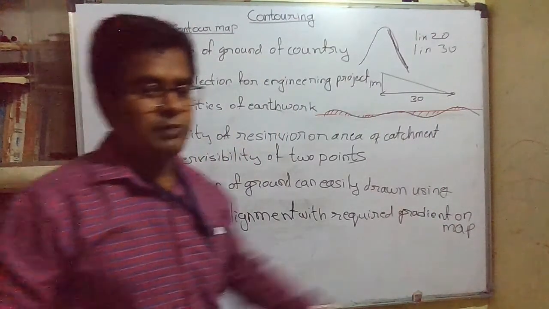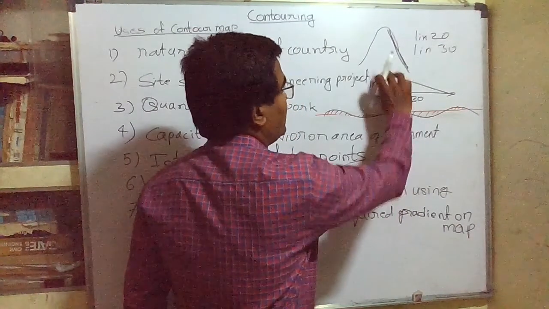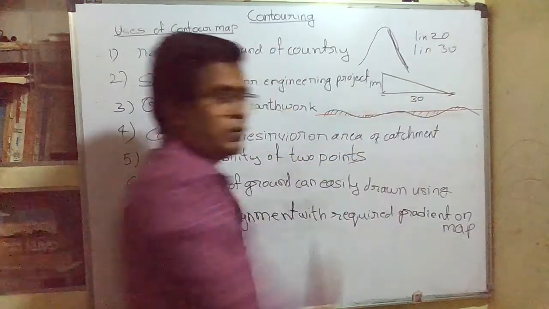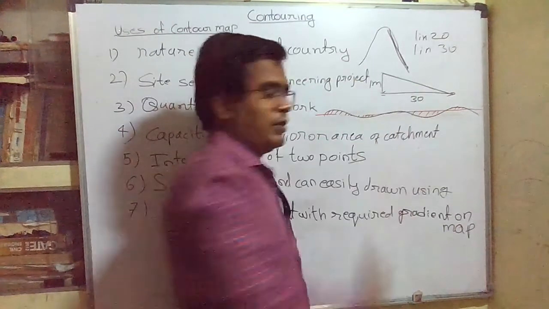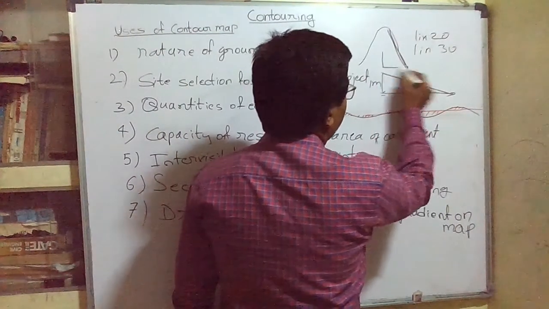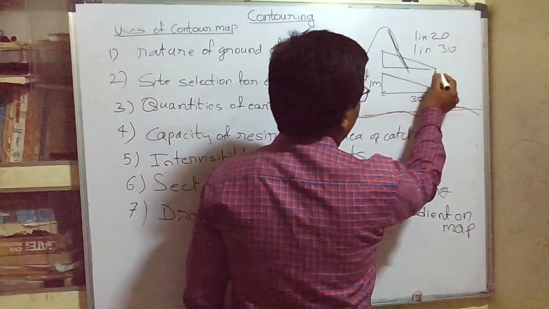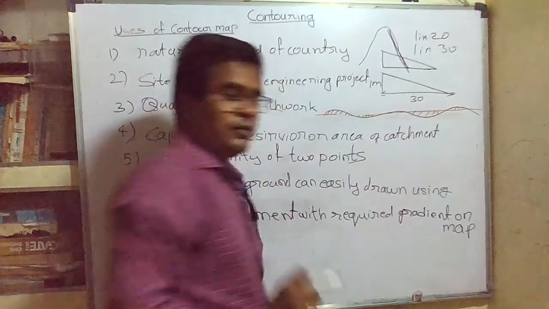So with this slope of 1 in 30, we go 1 meter vertical for 30 meters horizontal, or with 1 in 20, 1 meter vertical and 20 meters horizontal. There are different slopes. So 1 in 20 is steeper than 1 in 30.